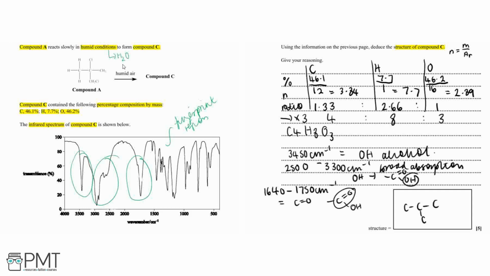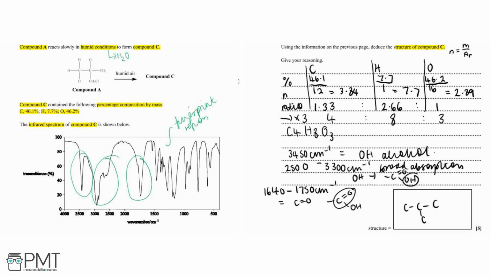It's humid air, so a good deduction to make would be that our carbon framework won't be affected too much. And now we identified from our infrared spectra that we've got a carboxylic acid functional group and an alcohol functional group. And that totals up to 3 oxygens in total. So we've got 2 from the carboxylic acid, 1 from the separate alcohol, and that matches up with our empirical formula over here. So now it's just time to tie all of that together for an overall structure.